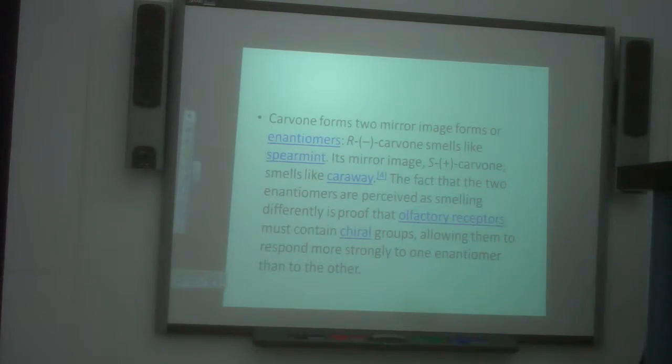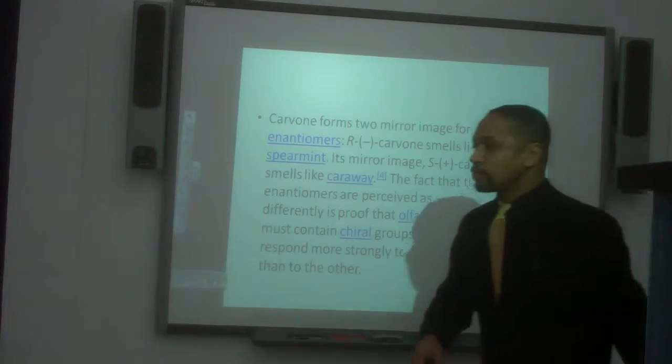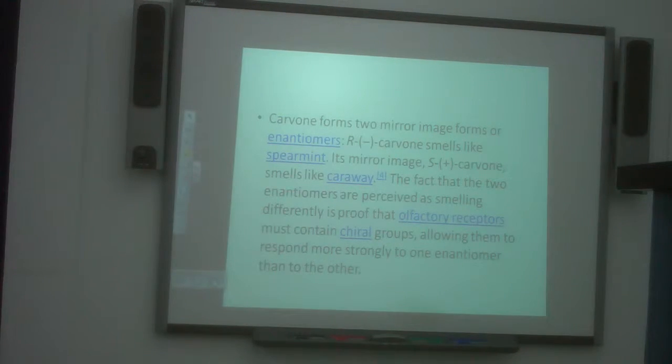They're the same molecule, but 10 out of 12 people most often are able to distinguish the R and the S by olfactory, by their nose. So imagine the enzymes in our body being able to decipher what molecule is R or S. So R is minus and S is plus? Not all the time, okay, but in this case, yes.